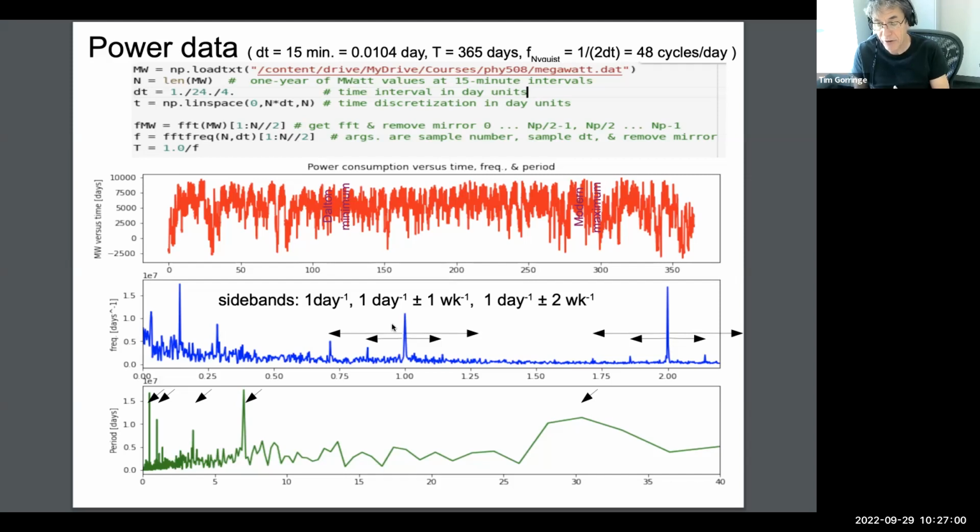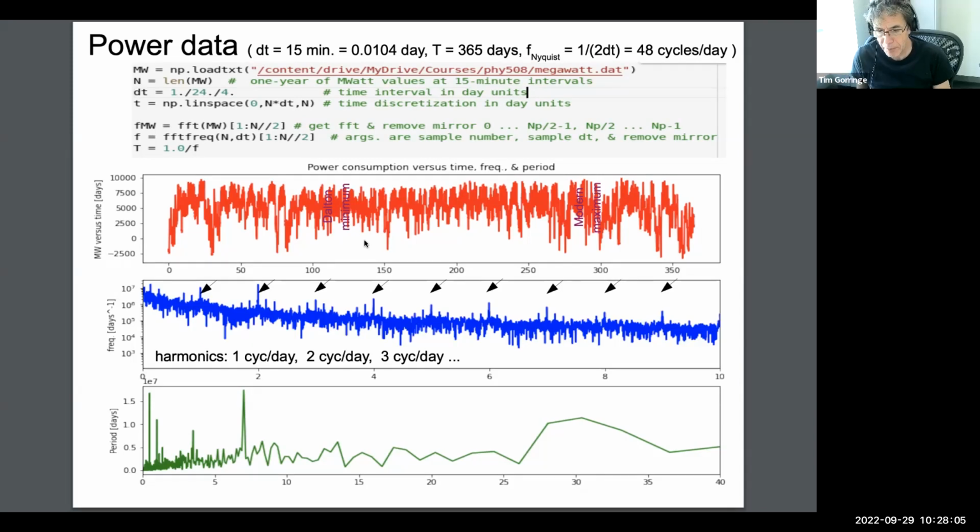And that generates the sidebands. And so these sidebands are a reflection of an interference between the weekly and daily cycles. So you might imagine there's a periodic cycle of one day, there's a periodic cycle of 1 week. And in the time domain data, there's some component that is a product of those two cycles, the 1 day, 1 week cycles. And so that's how you get the sidebands. And so that's what we're seeing in our data.